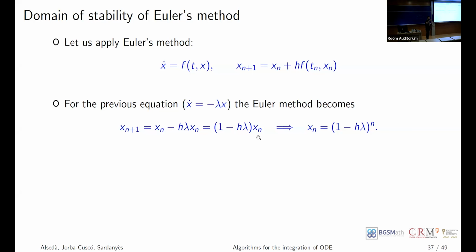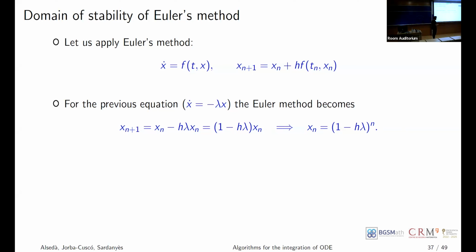So you do a recurrence like this, and you take a common factor, and then this is something like x_n equals this factor here to the n times x_0, and here x_0 is 1. That's the initial condition, it doesn't matter for the argument.